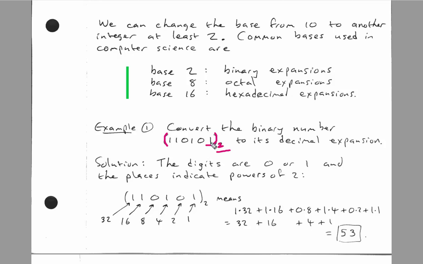So this one here represents 1, 1. Instead of tens, now we have 2s, so this is 0 2s. Instead of hundreds, it's 2 squared, that's 4. No 8s, 16 and 32. So the base here is 2, so we're just using powers of 2.